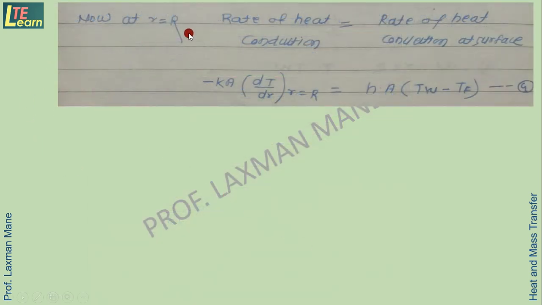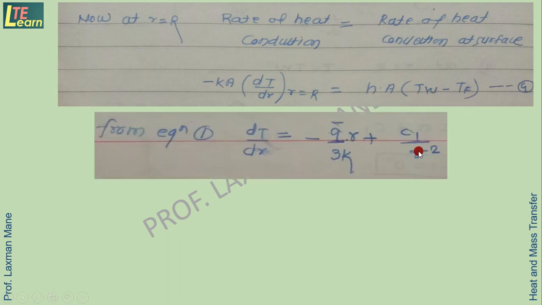Now at surface, rate of heat conduction is equal to rate of heat convection. So this already we have seen in second case. Here Fourier's law, k into A dT by dr, that is temperature gradient along the radius, and this is a convective heat transfer hA into TW minus TF.